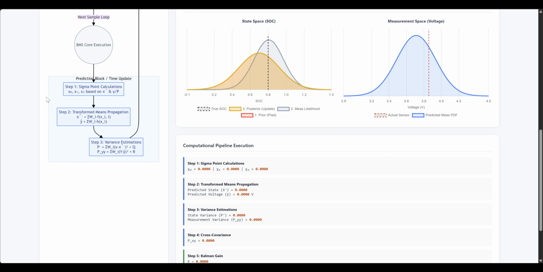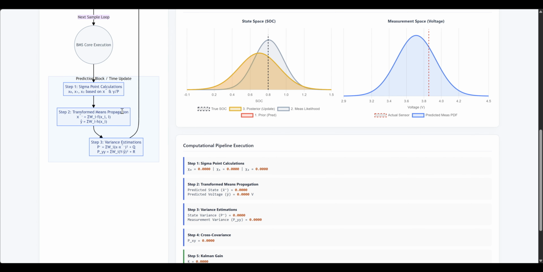Here n is equal to 1, and 2 into 1 is 2, plus 1, so totally 3 sigma points we need to create, and through that we need to predict the corresponding SOC.